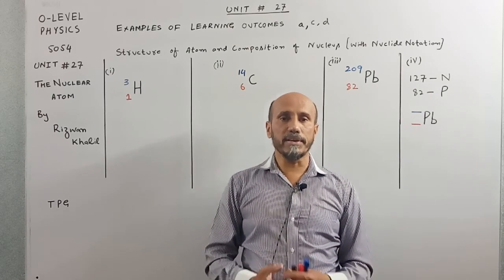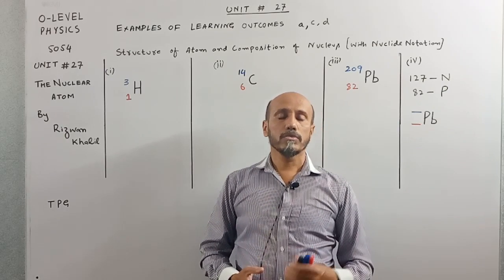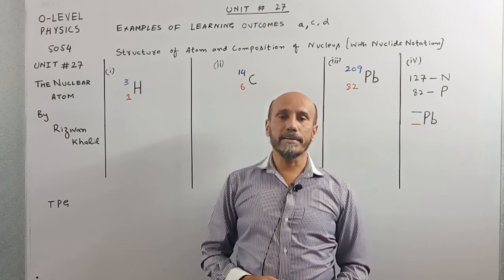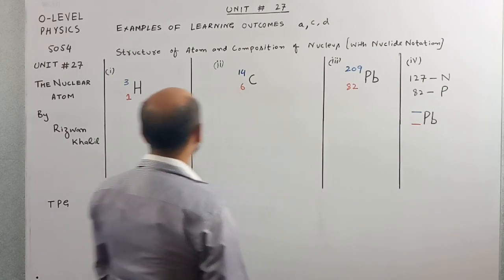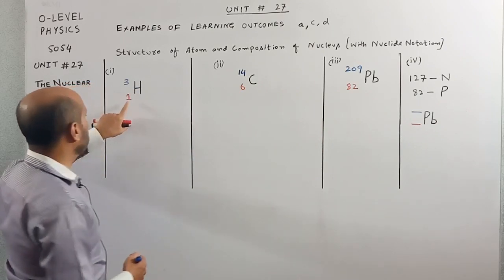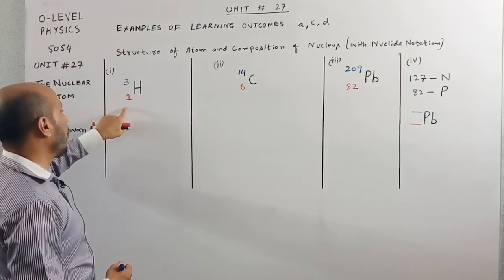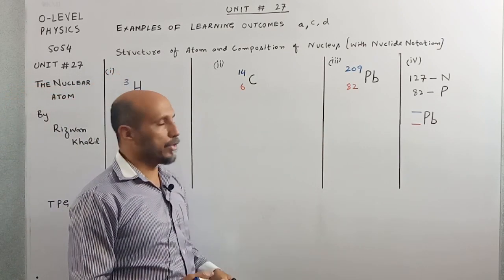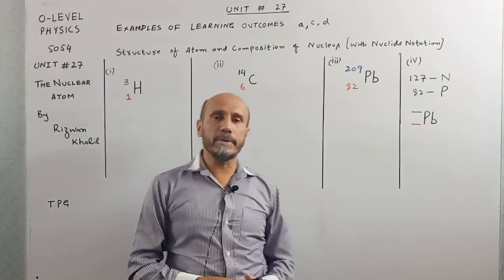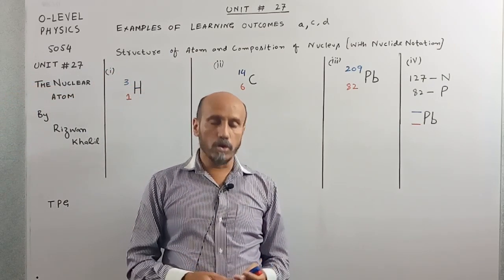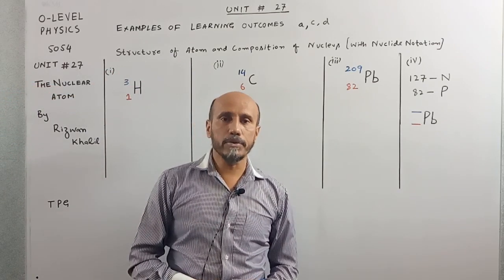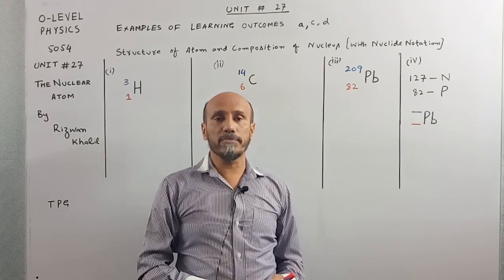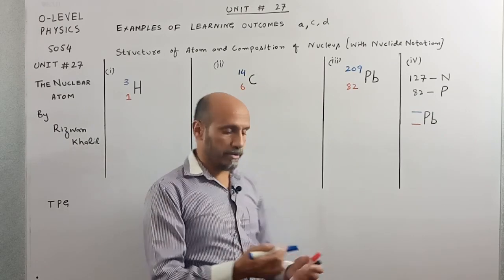So we will discuss different examples in order to reinforce those three learning outcomes, that is A, C and D. In the first example, we are given the hydrogen atom, 1H3, and we are supposed to write down the structure of the atom and composition of the nucleus. Usually this question is asked for 3 marks, so I will tell you the tip on how we can grab those 3 marks.